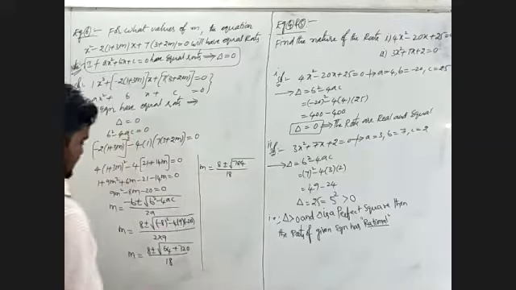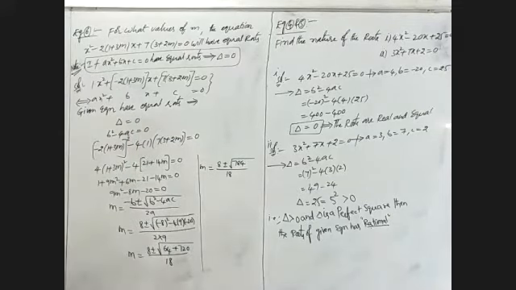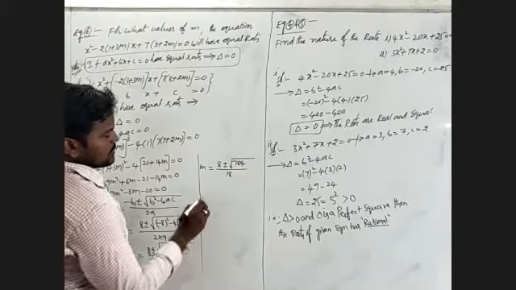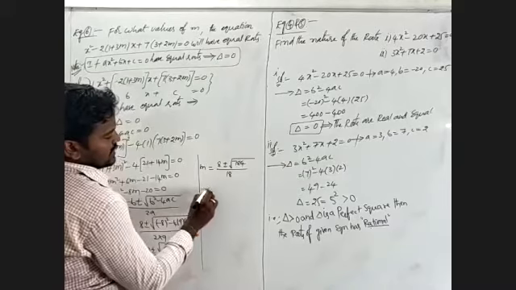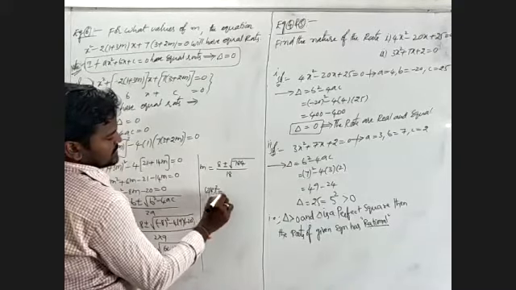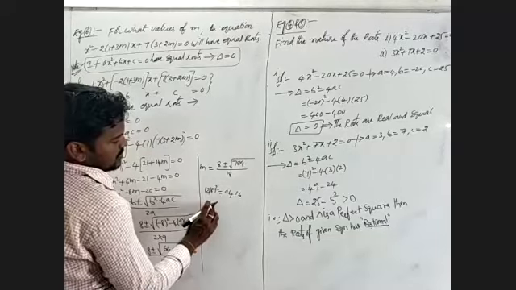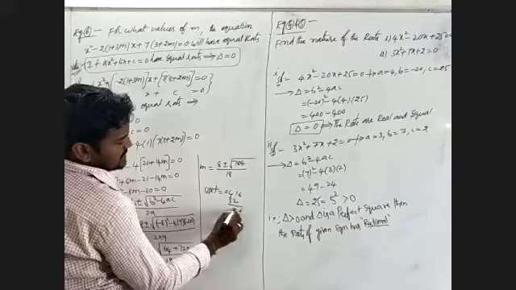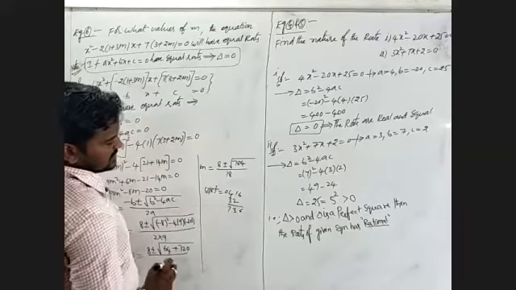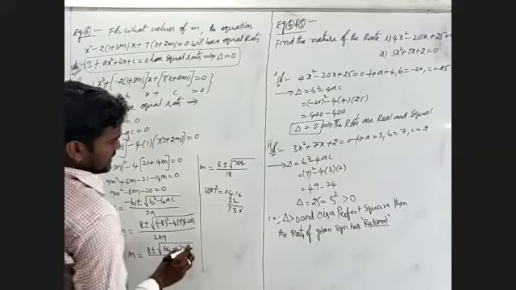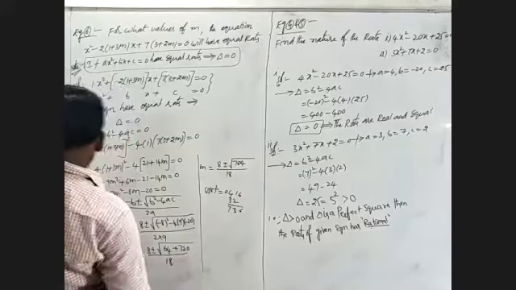What is the root? 28 square is 784. After that we'll take 9, it does not satisfy.